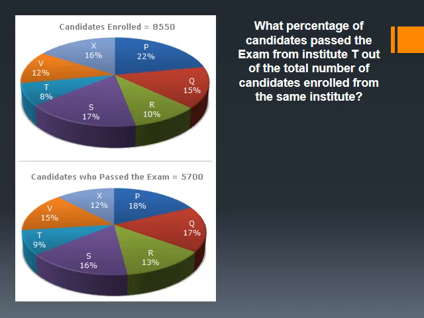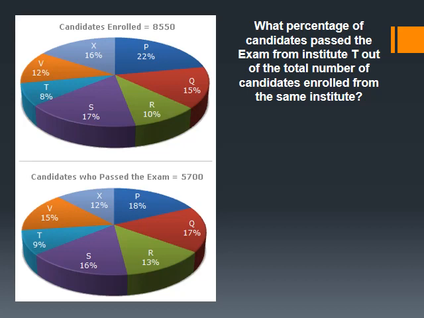And what about the percentage of pass? We can see T 9%. That means 9% of students from Institute T have passed. So 9% of 5,700 have passed, and these are the students from Institute T.